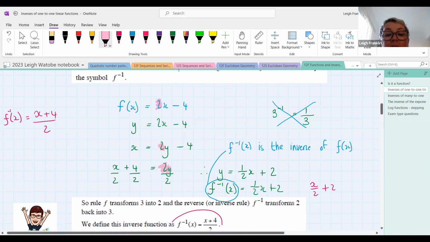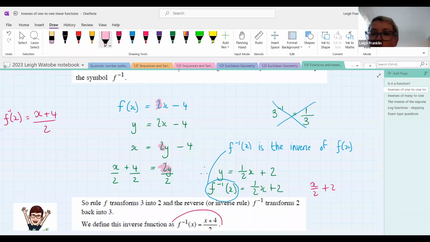Then we've got to go through this process of making y the subject of the formula. So it can't be 2y equals, it has to be 1y equals. And that's why we have to divide through by 2. So I'm dividing x by 2 and I'm dividing 4 by 2. That's how I end up with half x, or x over 2, plus 2.